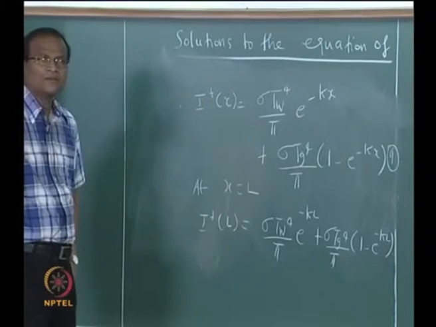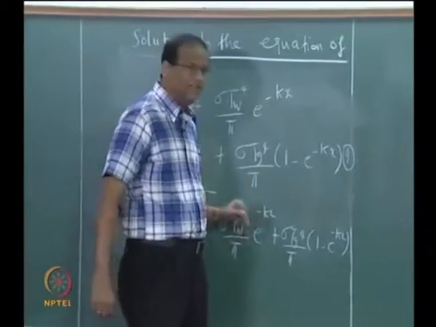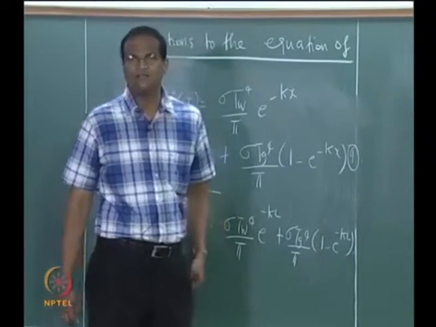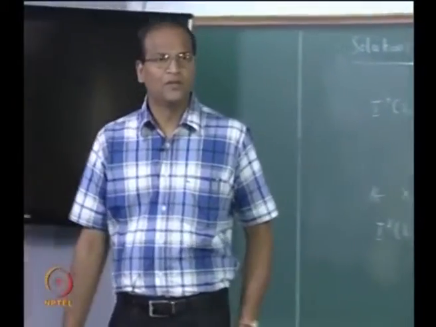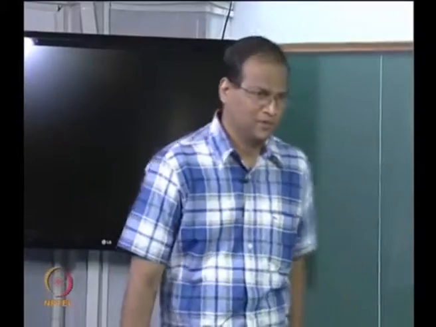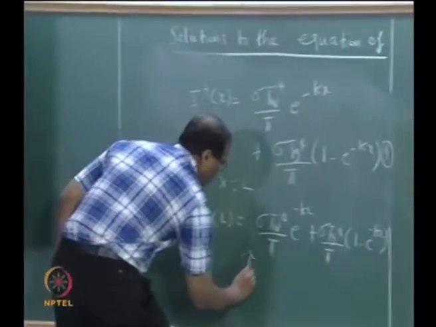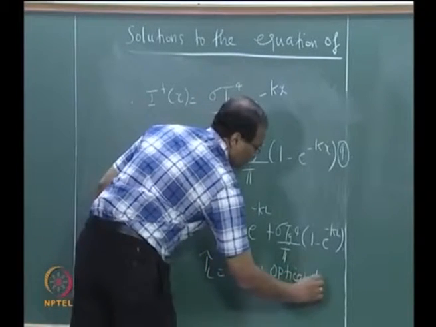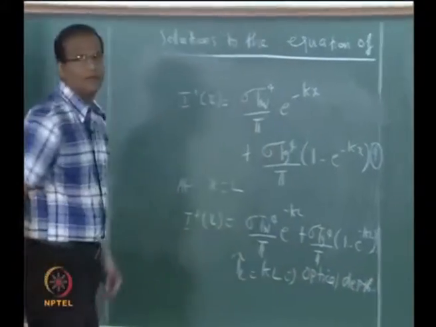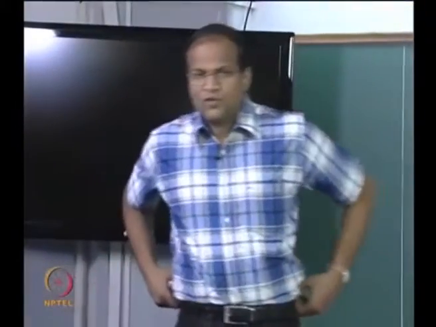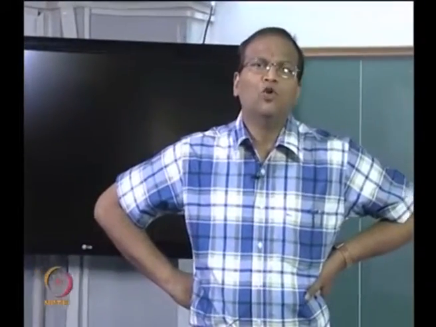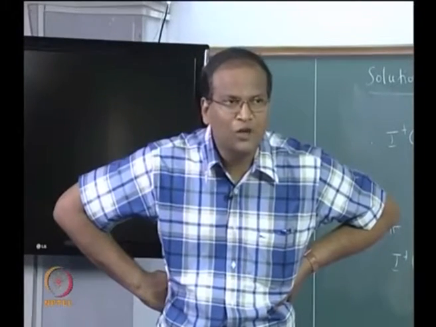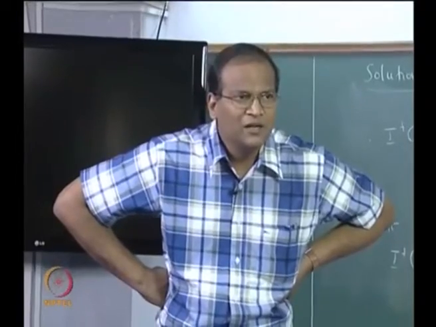What are the units of kappa? Meter inverse. L is in meter. So the product of kappa into L, the kappa into x frequently appears in radiative heat transfer. So it is called the optical depth, kappa into L. So if for two media the optical depth of one medium is higher compared to the other, what does it mean? Its capacity to absorb radiation is much more, correct.